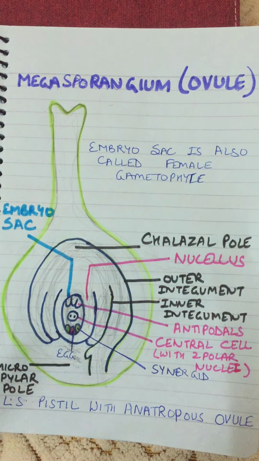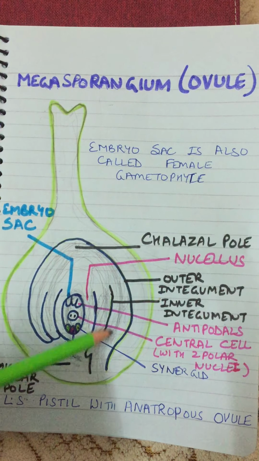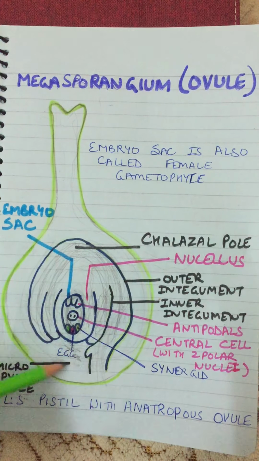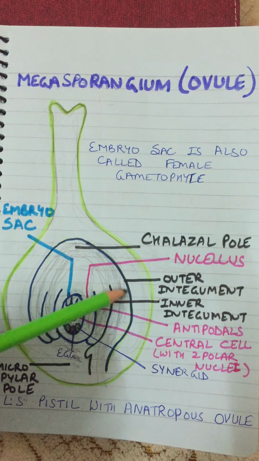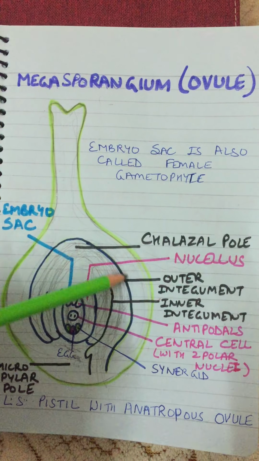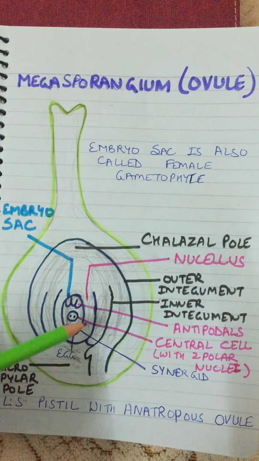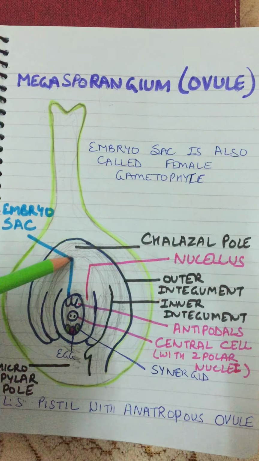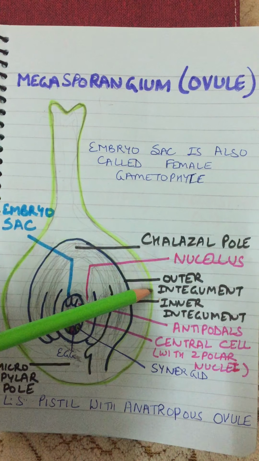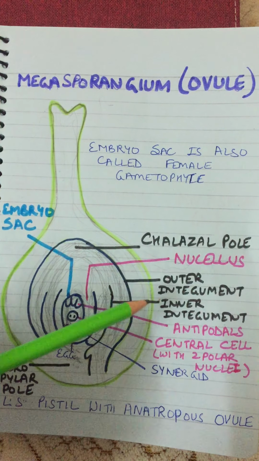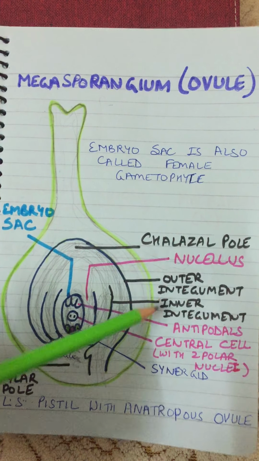Now, the structure of the megasporangium or ovule. Here, a single ovule is shown in the ovary. The ovule has two coverings, outer covering and inner covering. The outer covering is called outer integument and the inner covering is called inner integument.